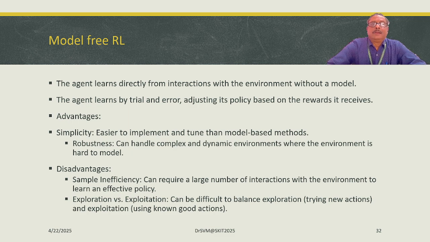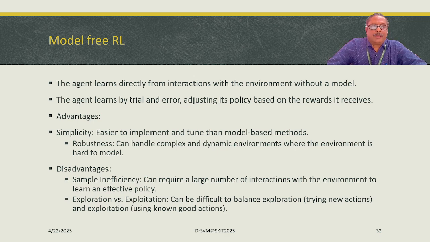Again, nothing comes freely, so they do have some disadvantages, like sample inefficiency. In this case, we do require a large number of interactions because we don't have any simulation possible here. Therefore, we have to have a large number of interactions so that our system can have a better, effective policy learned.